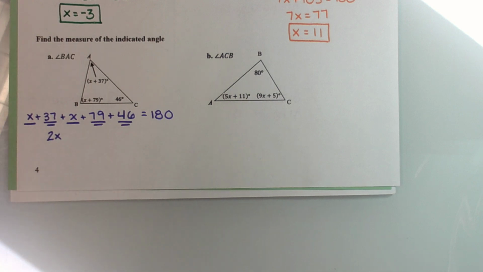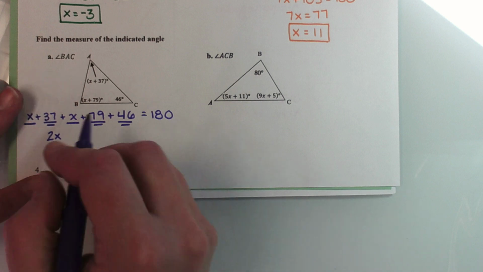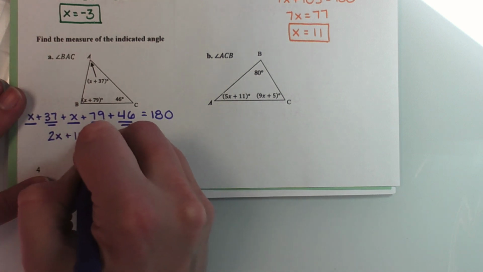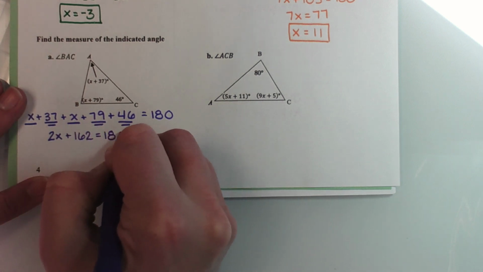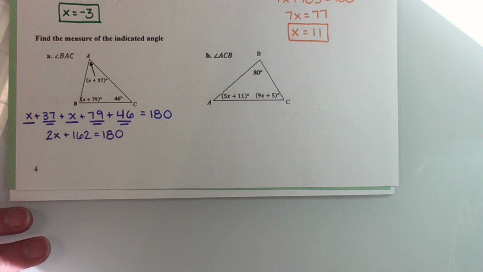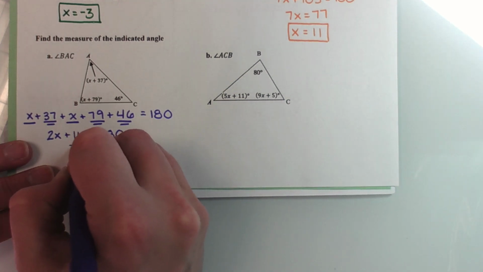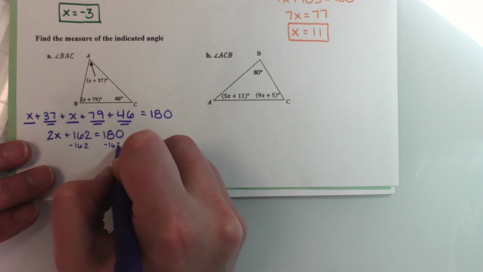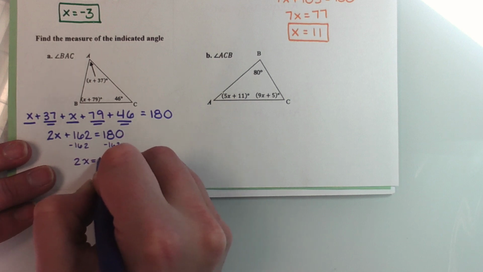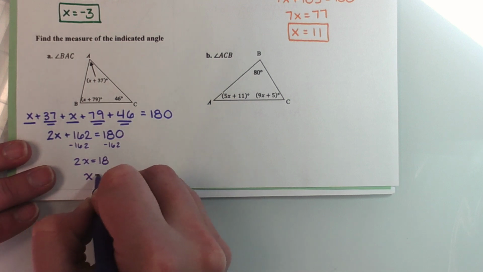I got a calculator for a reason. 162. Subtract the 162. 2x is equal to 18. Divide by 2 and x is 9.